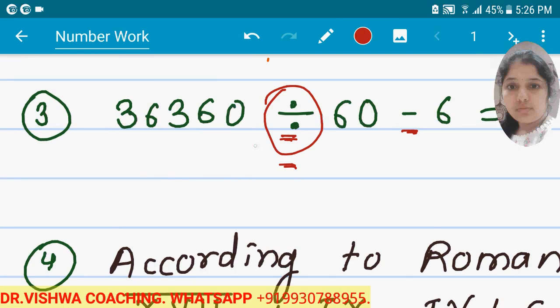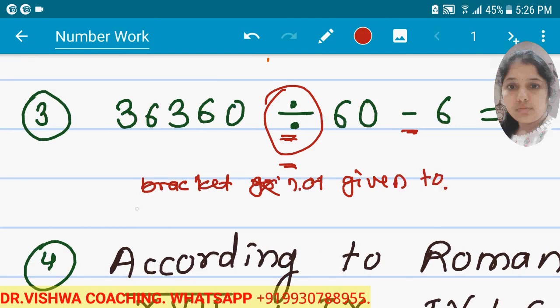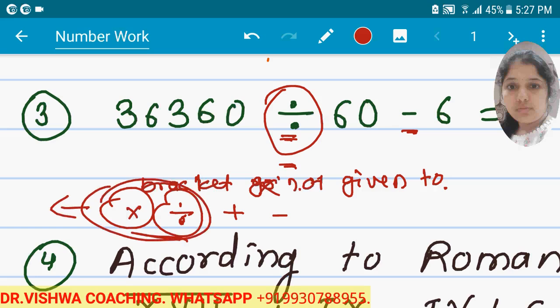Whenever in a problem brackets are not given, and there is multiplication, division, addition and subtraction, always choose either multiplication or division first, and then you do addition or subtraction.